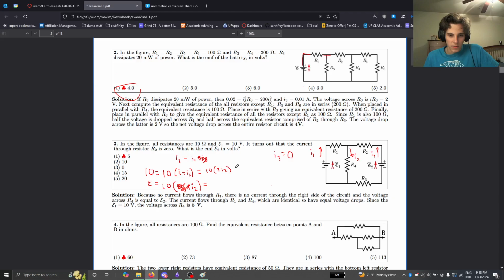That means that I2 is equal to 10 divided by 20, or 0.5. And in here, it's 10 times I2, which we know is 0.5. It's going to be 5. There you go.